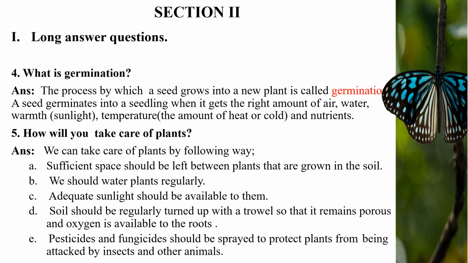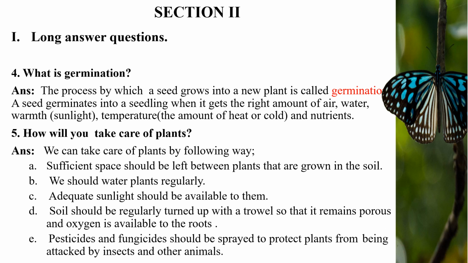Fifth question, how will you take care of plants? Answer, we can take care of plants in the following ways. First, sufficient space should be left between plants that are grown in the soil. Next, we should water plants regularly. Next, adequate sunlight should be available to them.